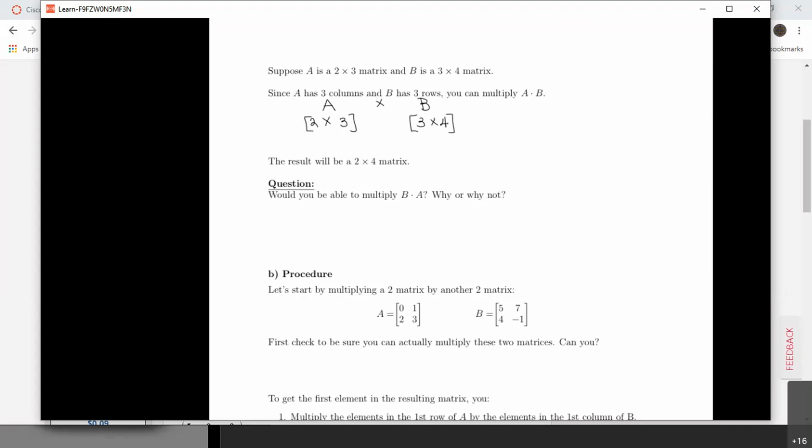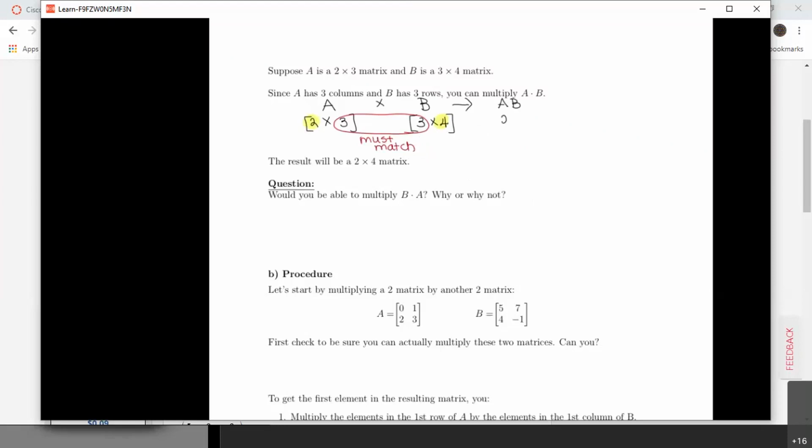And then what you want to notice is these inner dimensions match. The first 3 is telling you the number of columns in A, and the second 3 on the B side is telling you the number of rows in B. These two must match. And your product, AB, it turns out, will have the dimensions on the outside. So see these? You've got a 2 and a 4.